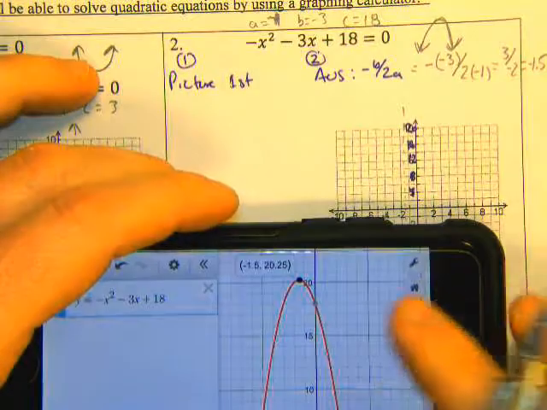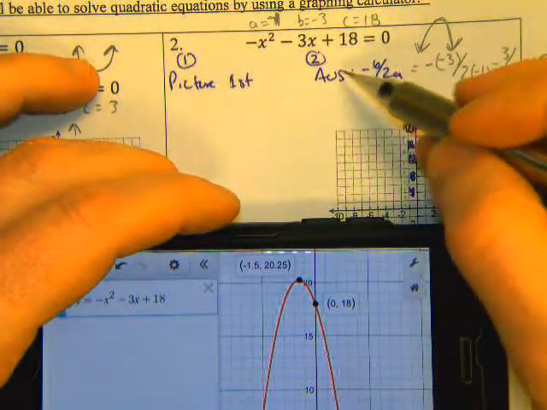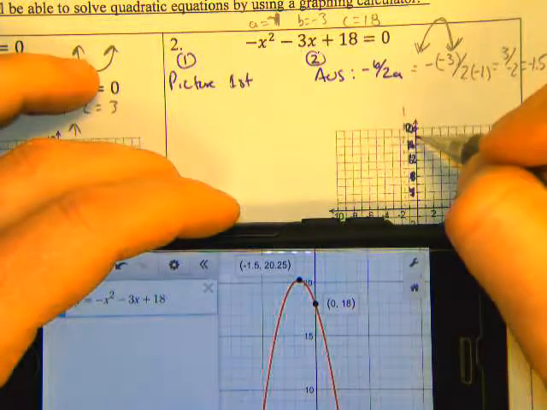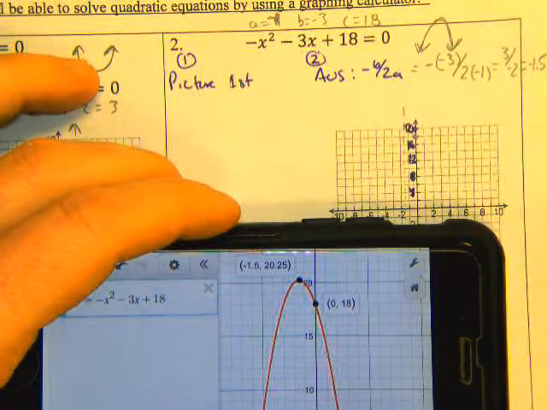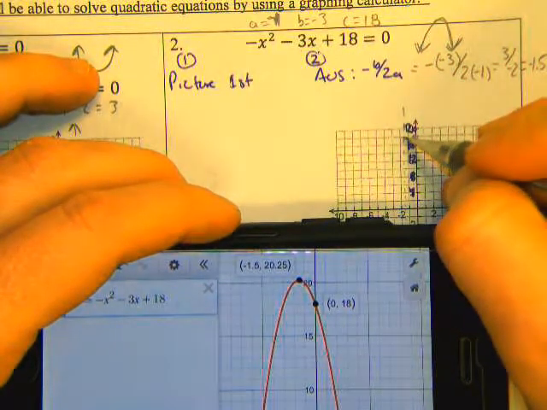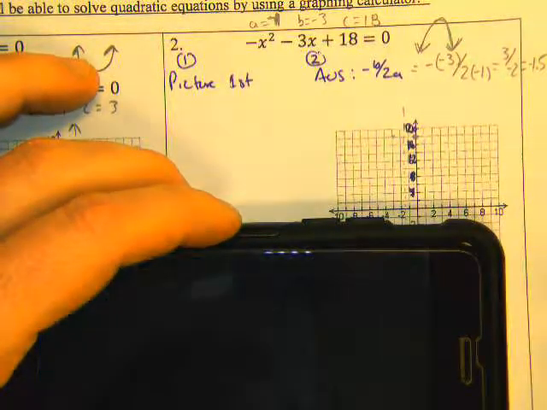Okay, and then 0, 18, again, C is 18 and C is the y-intercept, so I'm going to put that at halfway in between 16 and 20 on the intercept. If I'm 1.5 over here, that means I'm 1.5 over here on 18.